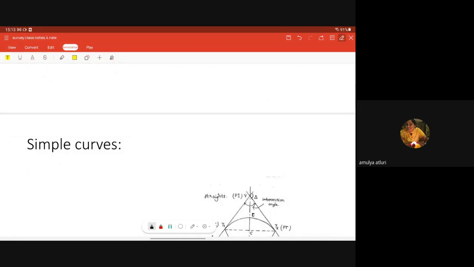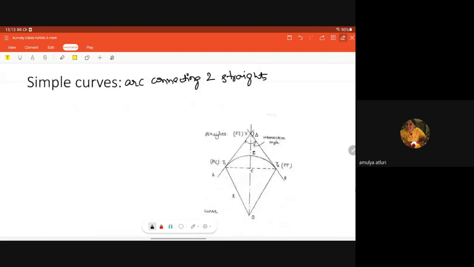A simple curve is nothing but an arc connecting two straights. Okay. Let's check the terminology. What is T1?